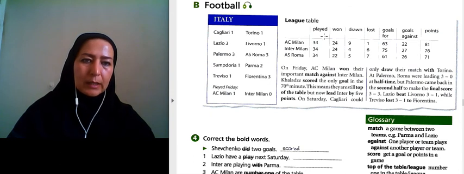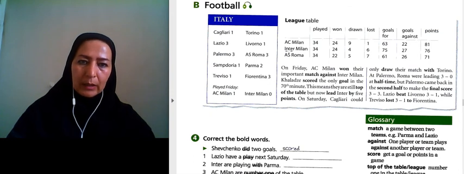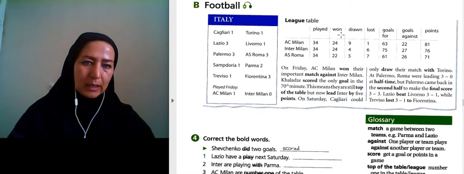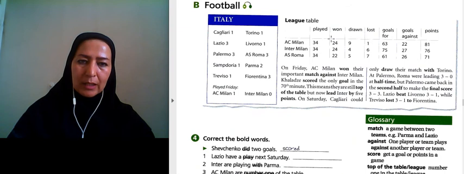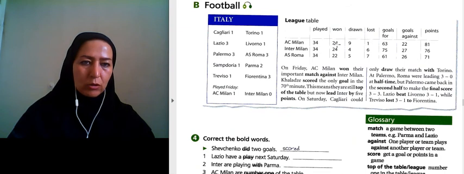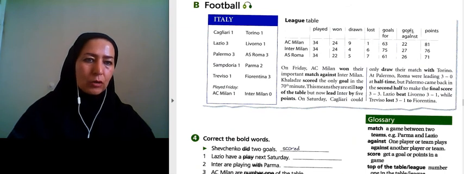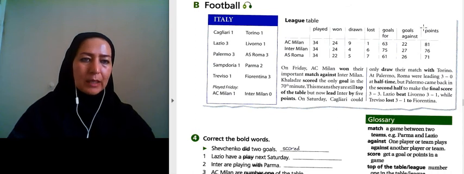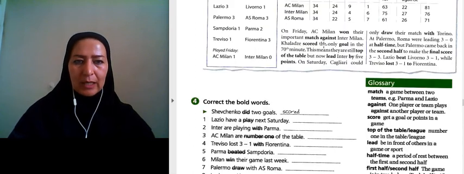Here there are some matches, some teams that have played since now, and how many goals do they have? Lost, drawn, goals, goals against, goals for, and points, the points that they have.